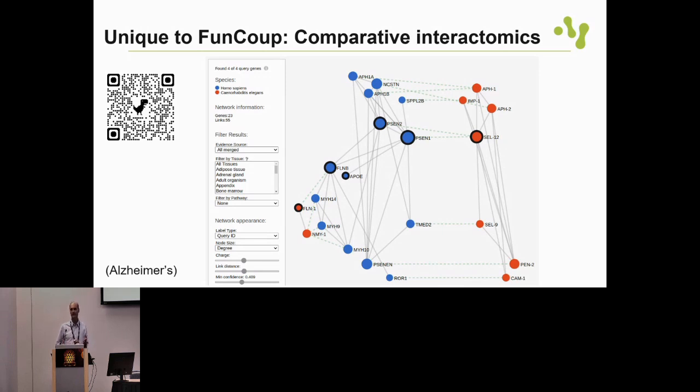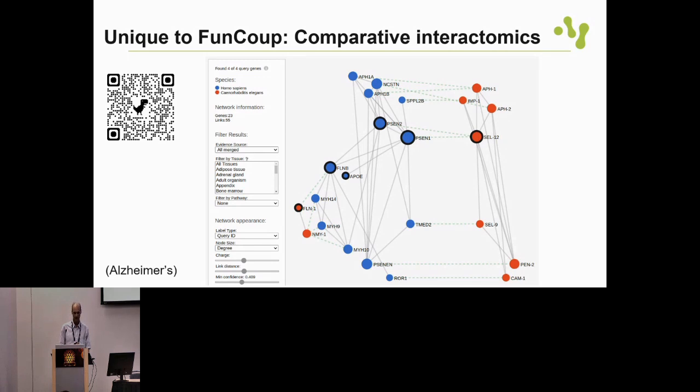Here's an example. For instance, we wanted to study Alzheimer, like how well is that conserved in C. elegans. So a few Alzheimer genes were input, presenilin and FLNB. And then you get a number of orthologs in C. elegans, and you can see some of those are connected.